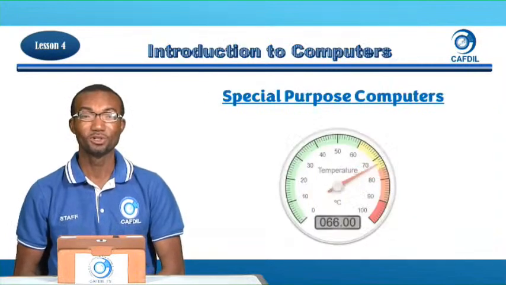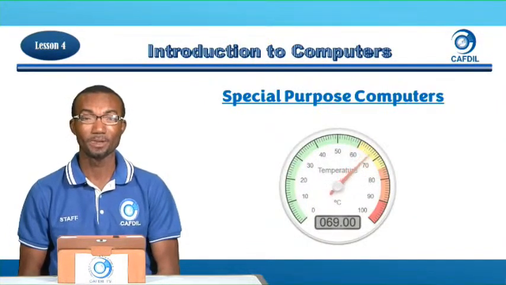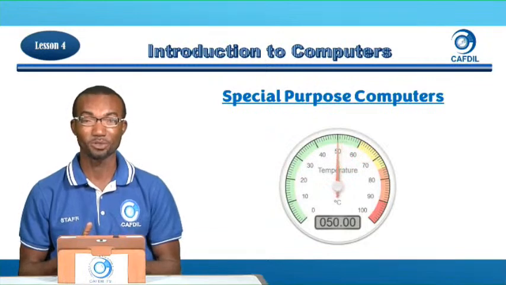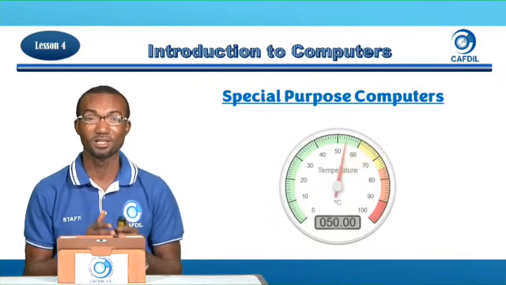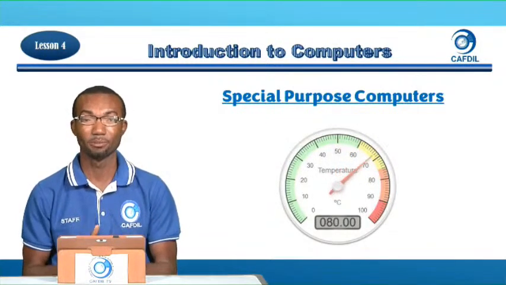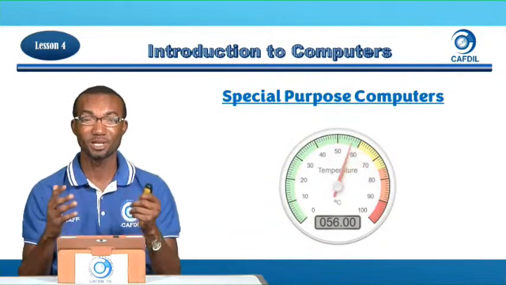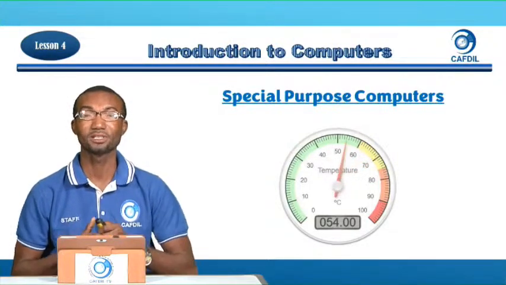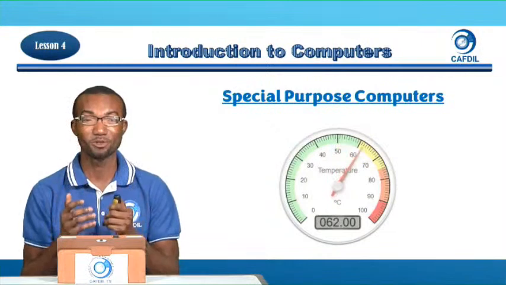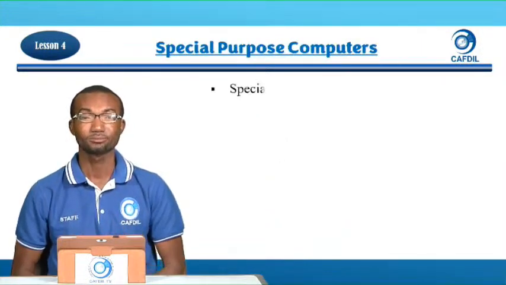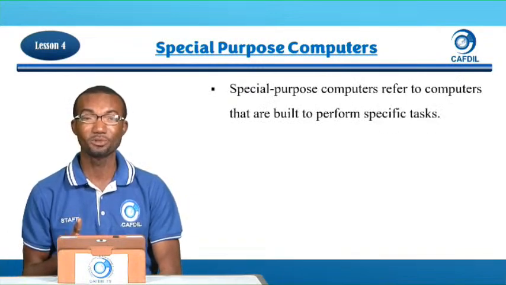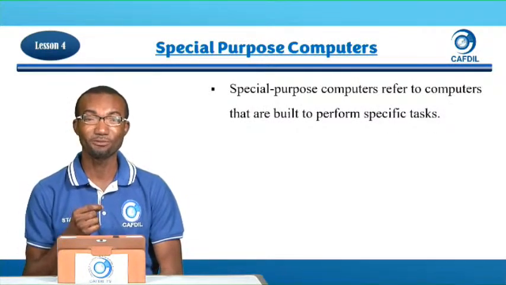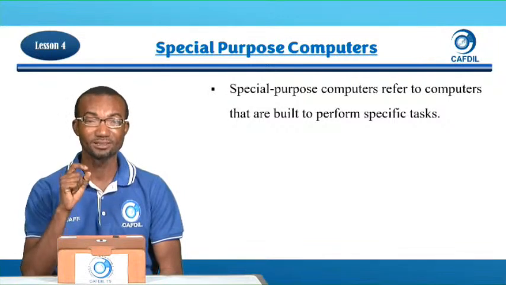Now let's move to the second one, that is special purpose computers. We are done with general purpose. We are coming to special purpose computers. So what is a special purpose computer? Special purpose computers refer to computers that are built to perform specific tasks.